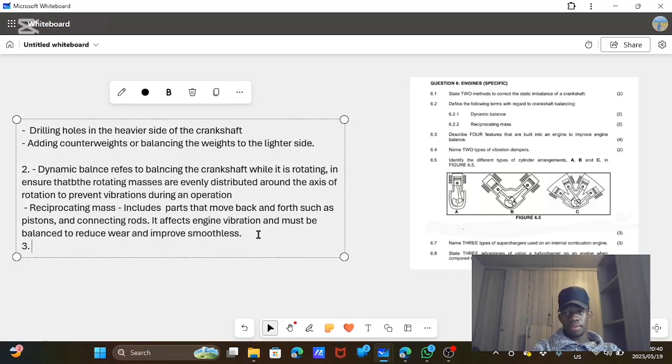Number 3 says describe 4 features that are built into engines to improve engine balance. So to improve engine balance, there is a counterweight, which can improve engine performance, more specifically on the crankshafts.